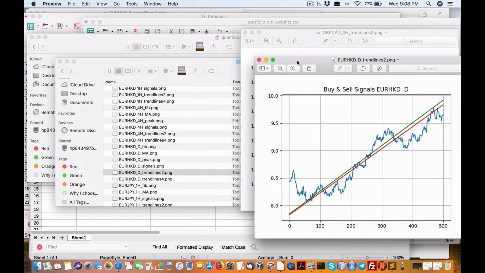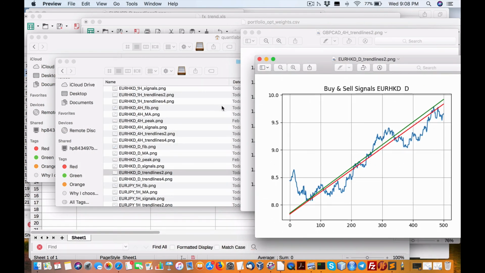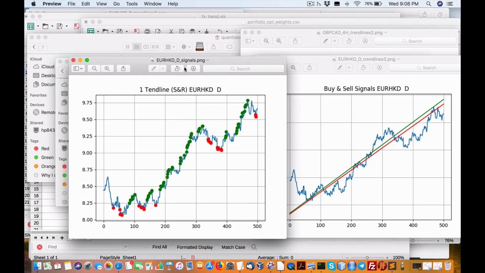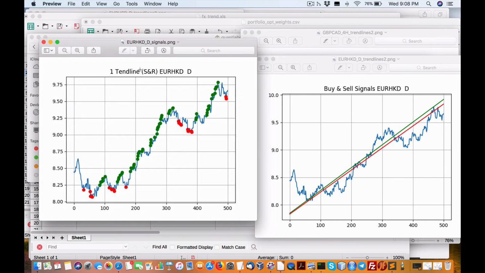If I take that same strategy logic, but only watch the Euro Hong Kong dollar versus the other one I showed, the British pound, the Canadian dollar, and I pull up the signals here, I can guarantee you on a buy and hold strategy over 500 days, you will make a lot more money, because you can see there's more buys, maybe 75% buys on that trend. You can make a lot of money with just one simple buy and hold.